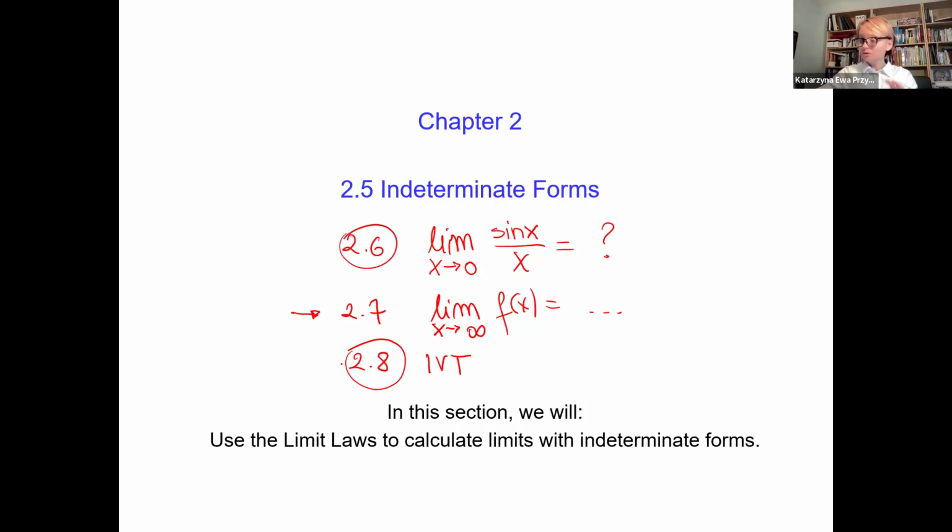Tomorrow, covering section 2.7, we will also have, for maybe half of the time, a review of all of the limits. That means it will be a quite good review session before the midterm. We still have 2 weeks to take the midterm. So be ready, today, tomorrow, every time.